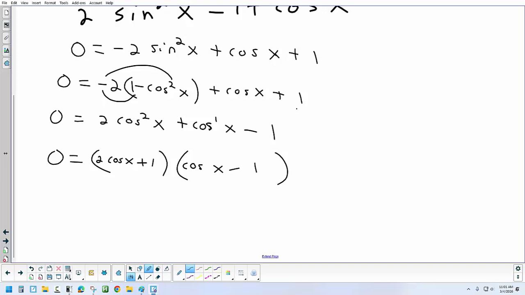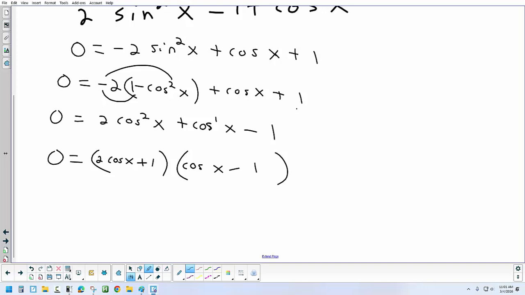Is that going to give us cosine x in the middle? Distribute that out. What do you get in the middle?